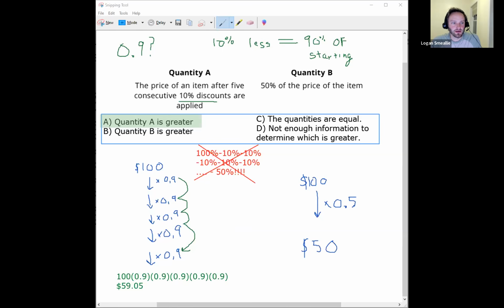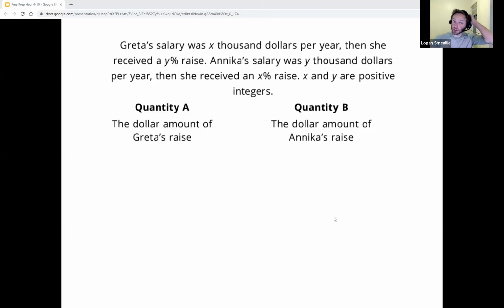Okay, I do want to show you all this one more problem. Because another thing that they kind of like to do is sometimes to put variables inside of percents and percent change, and that can be pretty tricky. So you should be seeing a problem about Greta's salary and Annika's salary. Try this out. You may need to try a couple different numbers, see what happens. And we'll talk about this one. We'll go a few minutes past 9 Eastern, and then we'll call it a night.